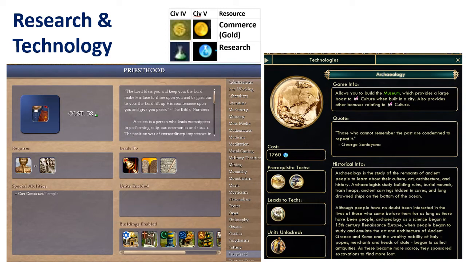New technologies provide one or more of the following benefits: the ability to build new units, not least of all military units, the ability to build new buildings and or wonders of the world, which have an effect primarily on the core resources in the game, the ability to generate more of one or more core resources, and the ability to research new technologies.